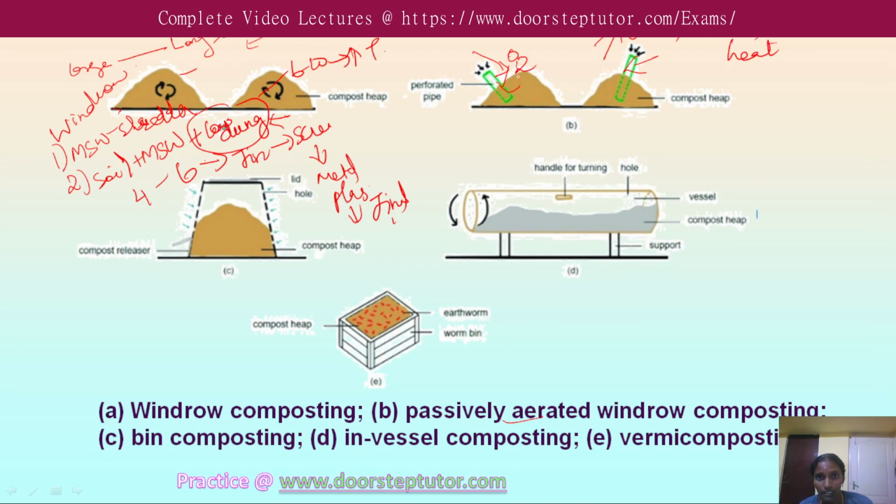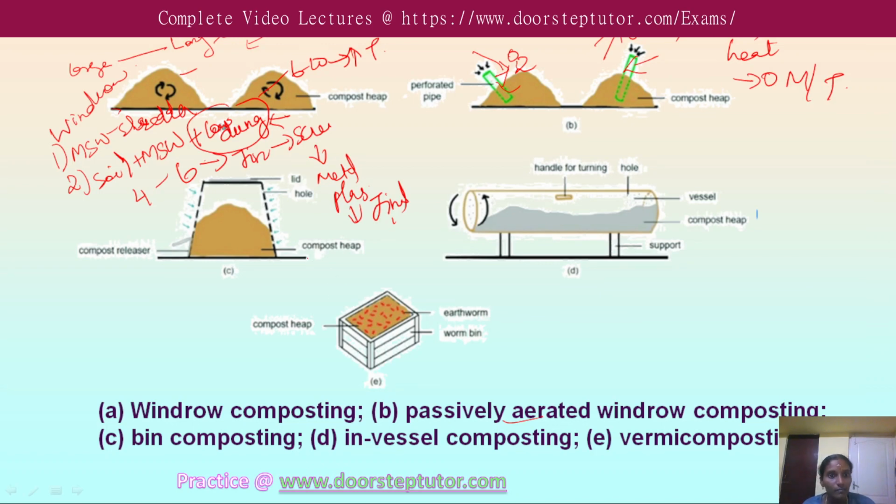The advantage is that by supplying oxygen and removing unwanted heat and gases, it maintains the optimum moisture and temperature in this type of composting.